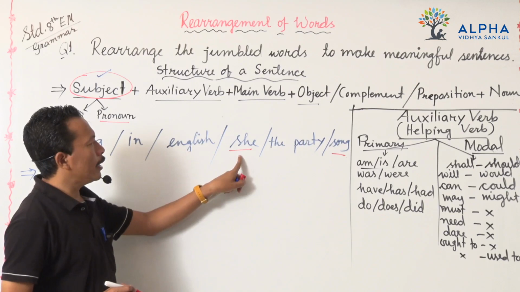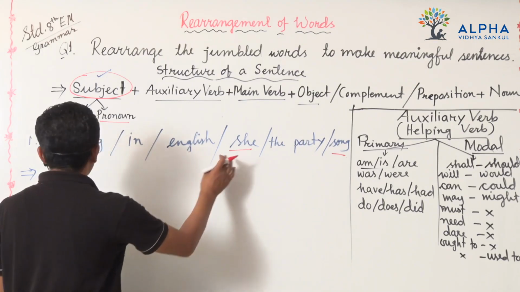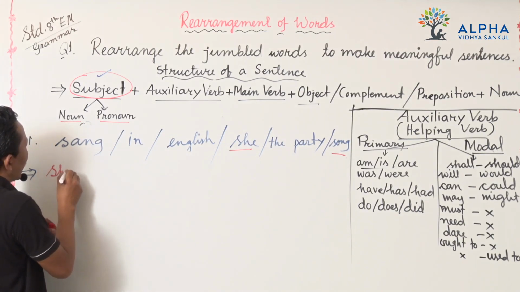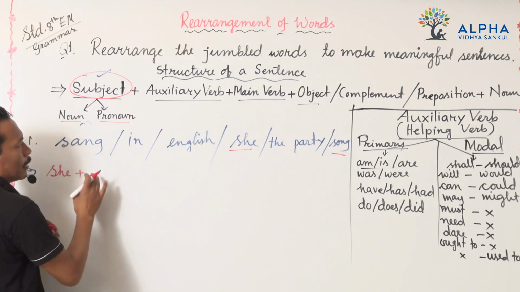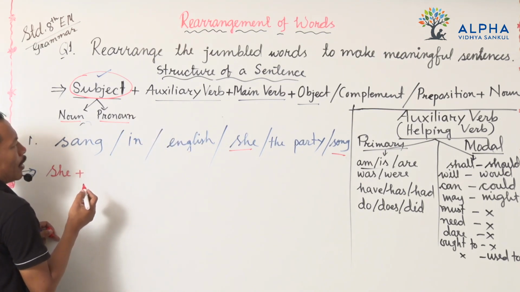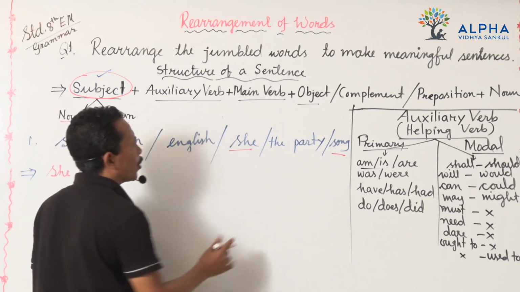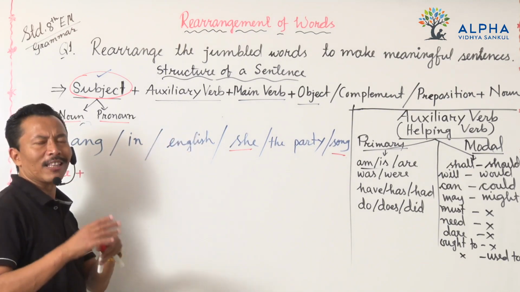There will be she or song. If we take the first one, she is the subject. After the subject, what will come? Auxiliary verb. How many verbs are here? Saying is the verb, and there is no other verb. There is only one verb, so there will be no auxiliary verb, and no problem.